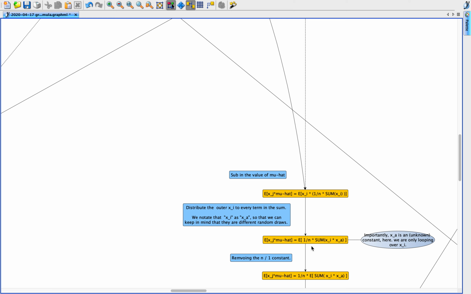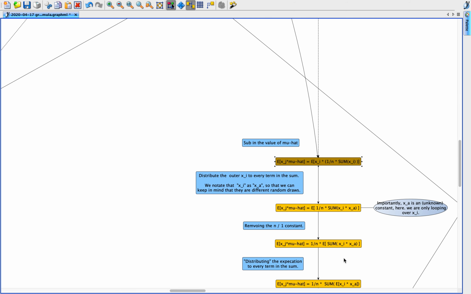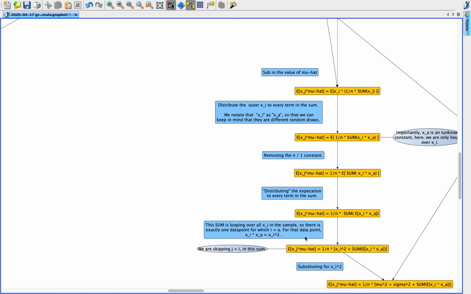But yes, that's true. In fact, in the original equation, we were always going to do that, because these are just all being multiplied together. We're just distributing this xi into the parentheses, more or less. So we remove the n over 1 constant from the expectation, because it is constant. And then we distribute the expectation to every term in the sum, as we've done several times before.